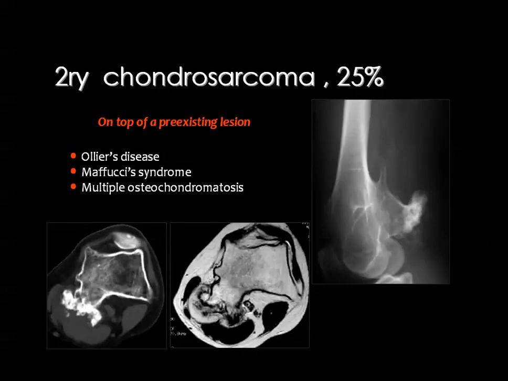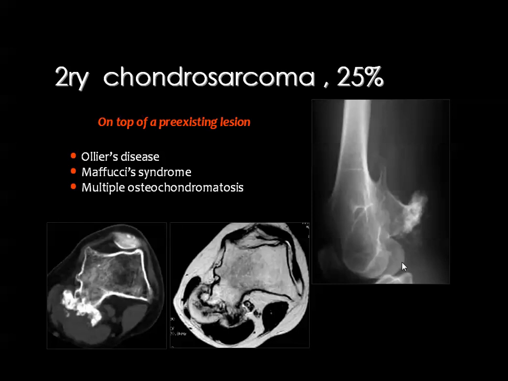You remember that chondrosarcoma may arise primarily from the bone or on top of a pre-existing lesion, and these lesions include enchondroma in cases of Ollier disease and Maffucci syndrome, as well as osteochondroma in cases of multiple osteochondromatosis or diaphyseal aclasis.